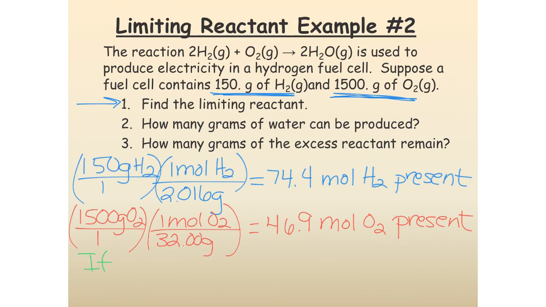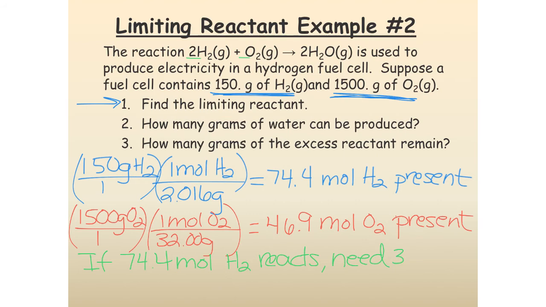So then I write out, if my 74.4 moles of hydrogen reacts completely, I would need, or I would use, now they're in a 2-to-1 ratio, so I do 74.4 divided by 2, or I could do that in my head.